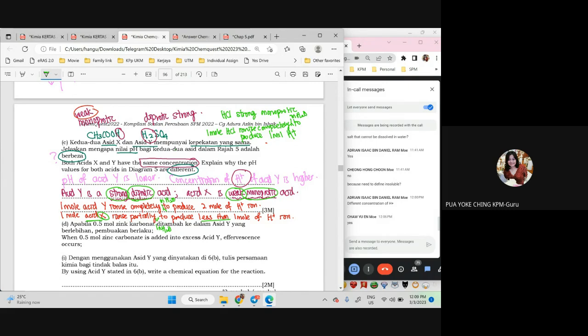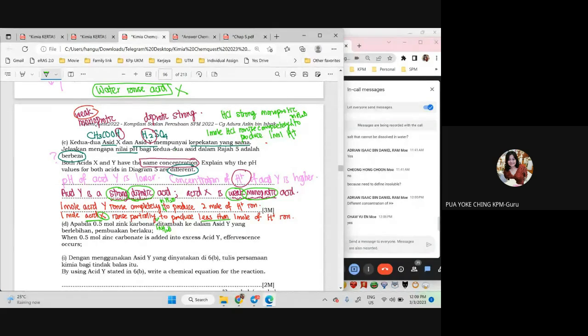Okay, and for this strong and weak acid, I noticed that some of the books or student, they write water ionized acid. Ini salah.